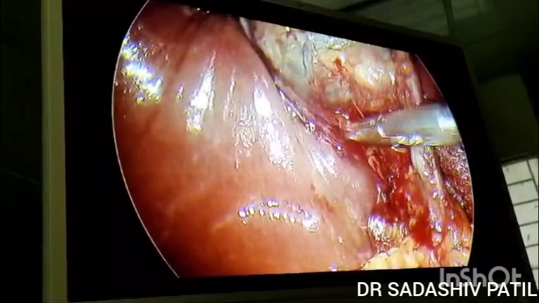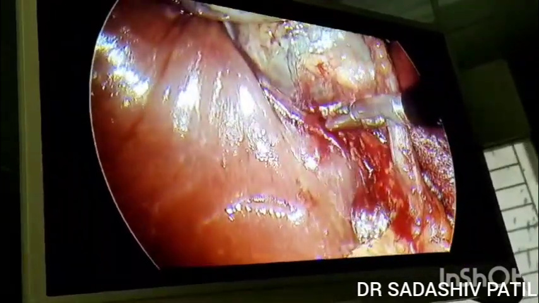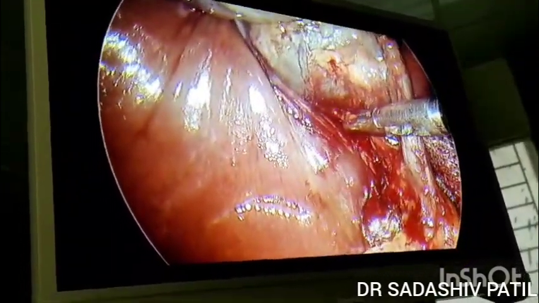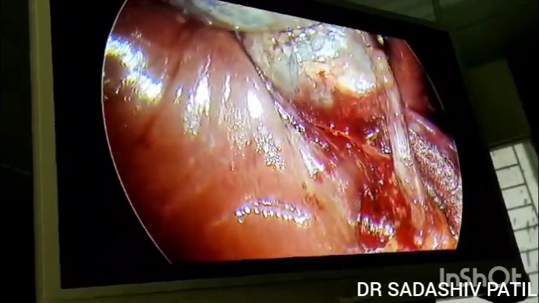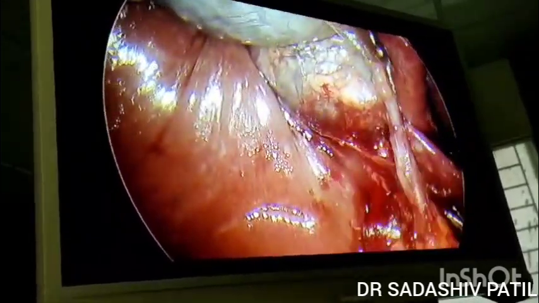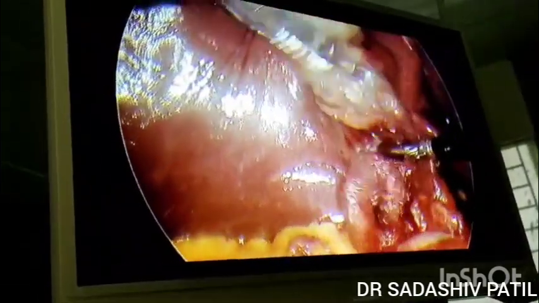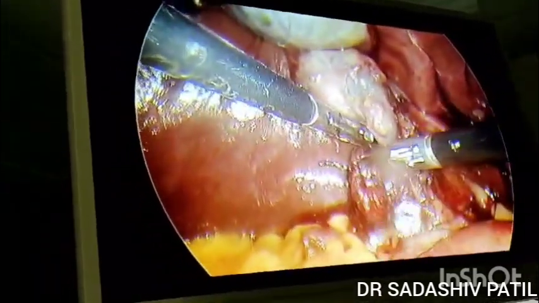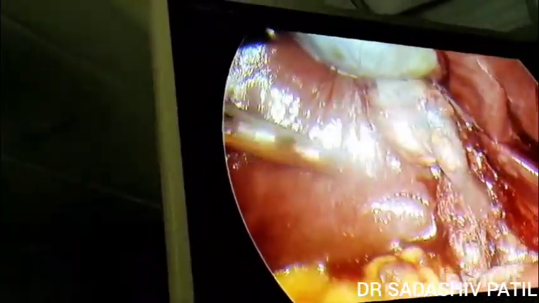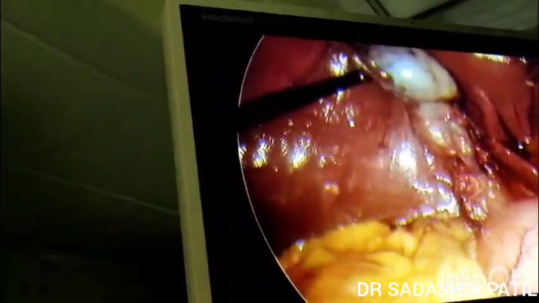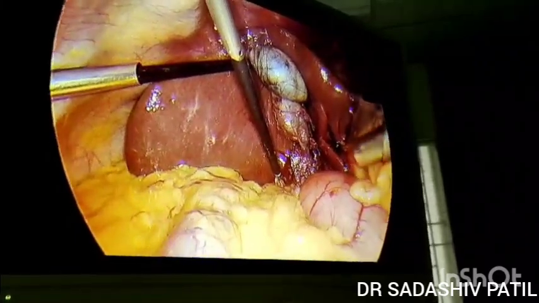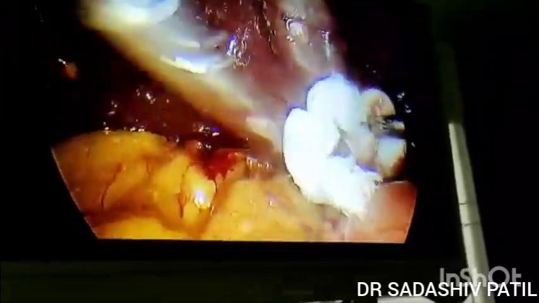The length of the gauze piece should be less than the length of the reducer. The wet gauze pieces are very helpful in controlling the oozing. The dissection was done on the medial and lateral side of the cystic duct.